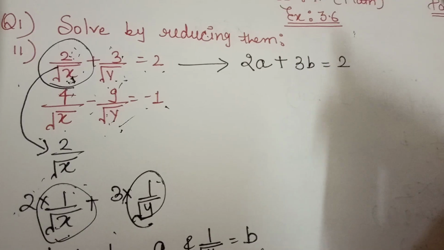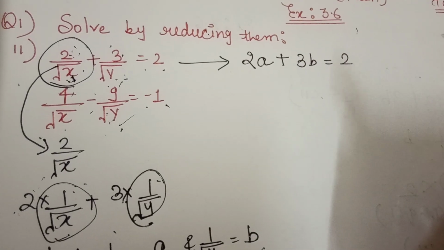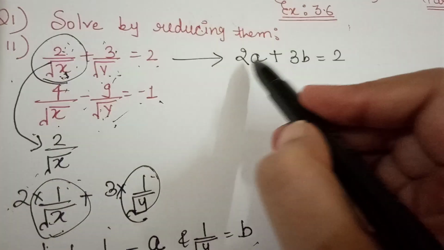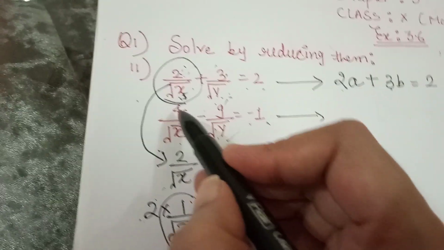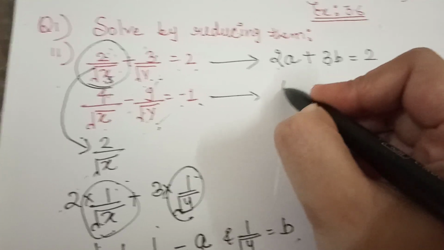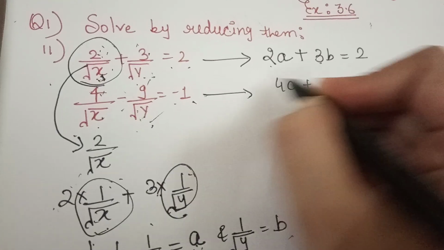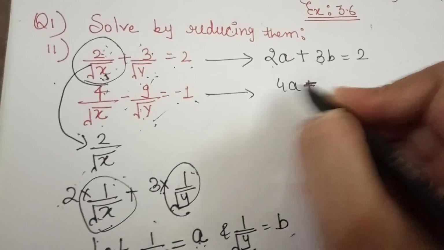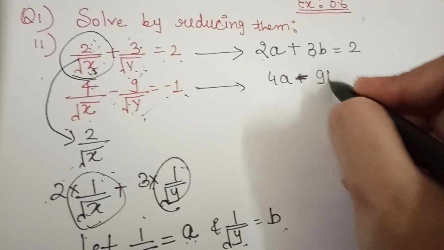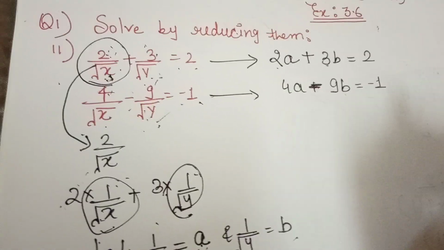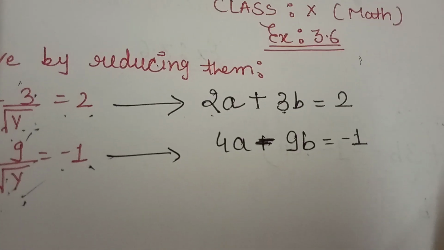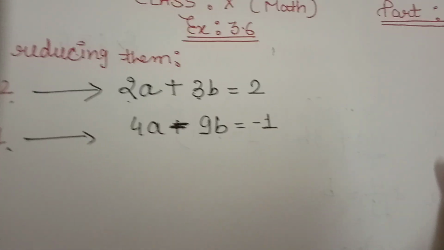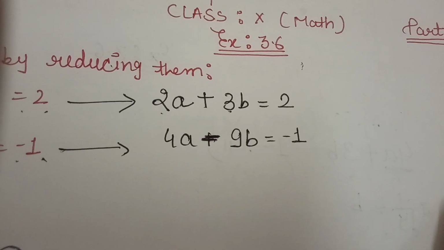The equation is the same; we have just changed the value of 1 upon root x and 1 upon root y to convert these equations into simple equations. Again, the second: 4 upon root x means 4a, and minus 9 upon root y means minus 9b, equal to minus 1. Now you can see that both equations are simple equations with two variables, a and b.